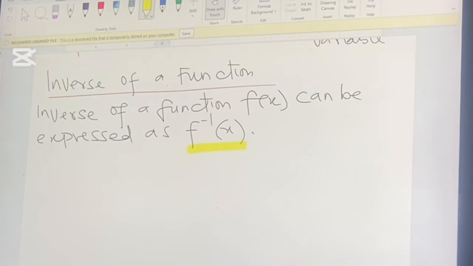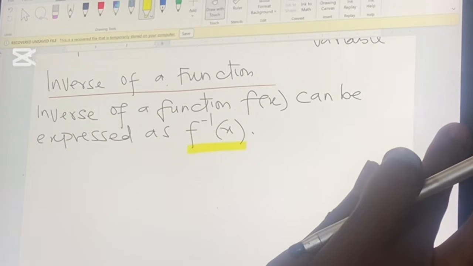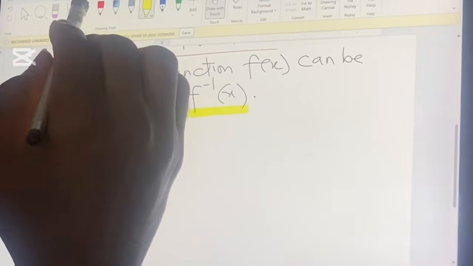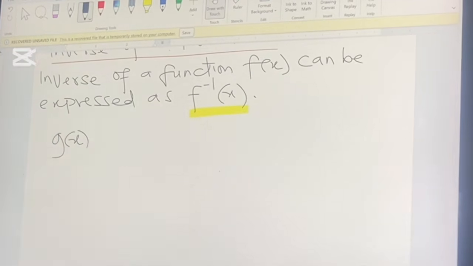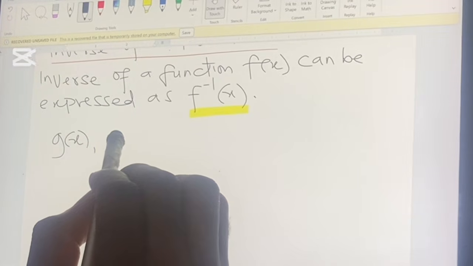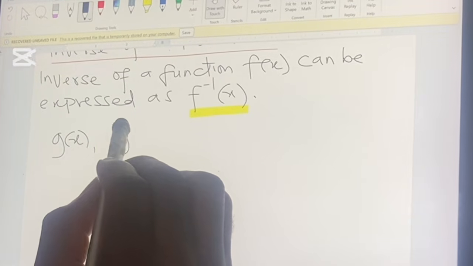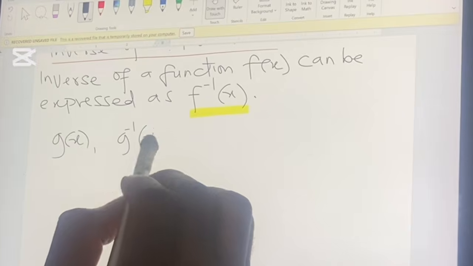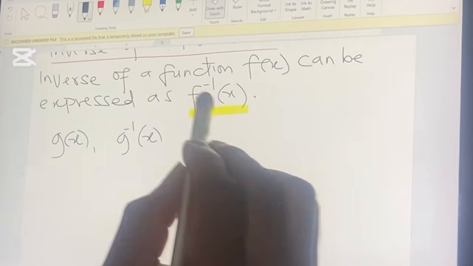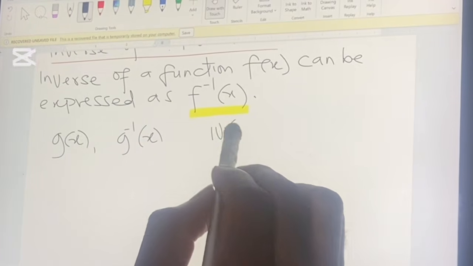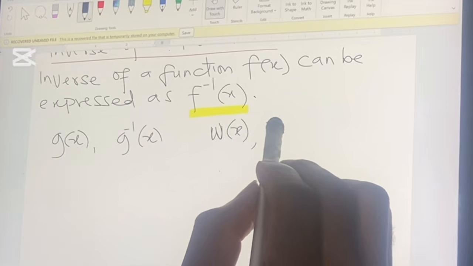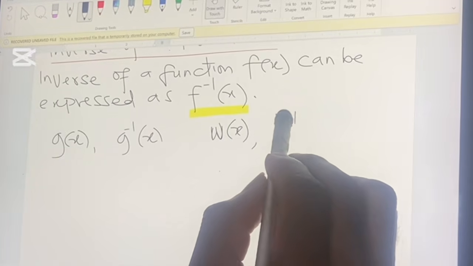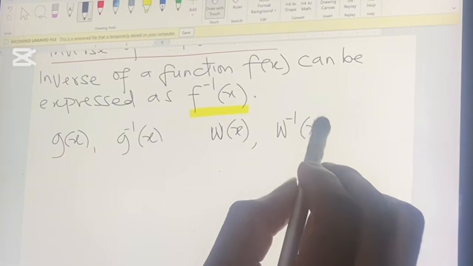Please take note. If we are given the function g of s, the inverse of this can be denoted as g raised to the power minus 1 of s. If you are given a function w of s, the inverse of this function will be w raised to the power minus 1 of s.